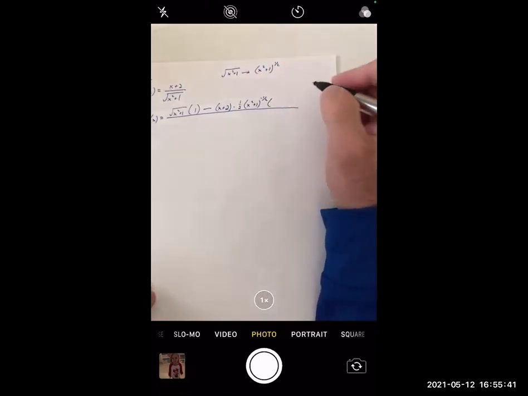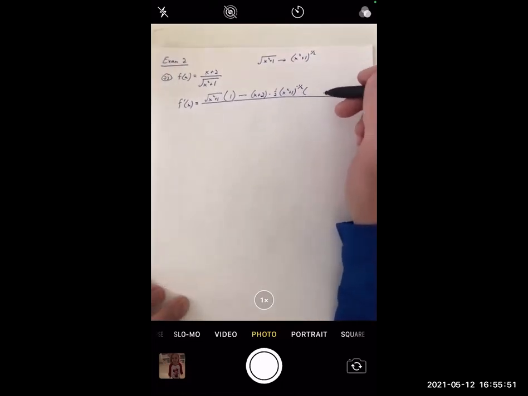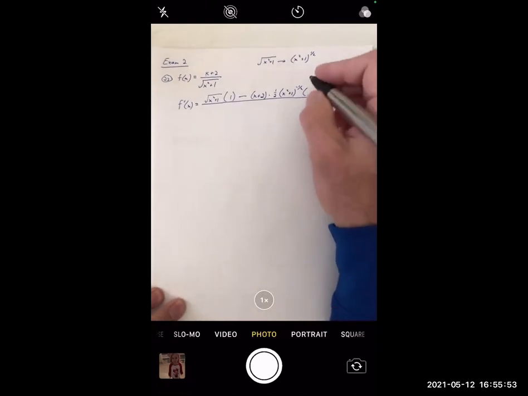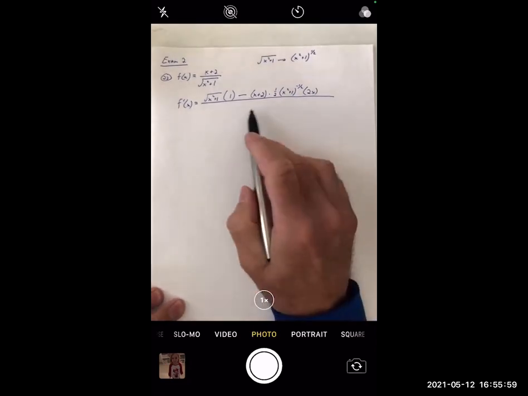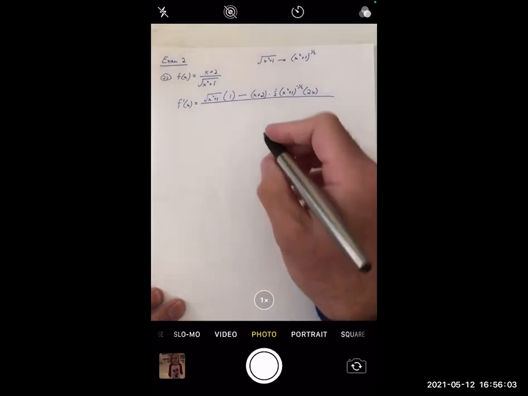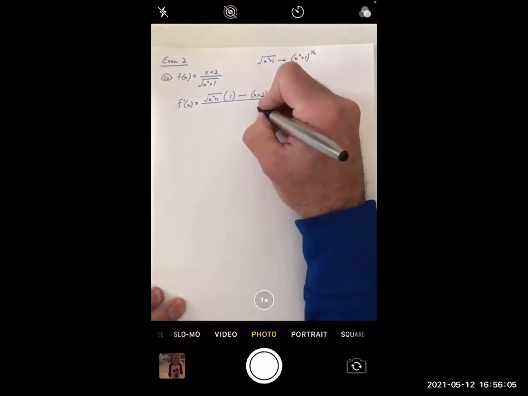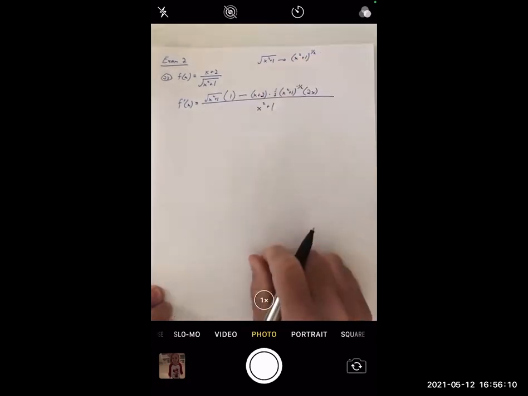And then we need to multiply by something else. The 2x, yeah, the 2x. Okay. And then down here, just take your original denominator, square it. So the square and the square root cancel out.